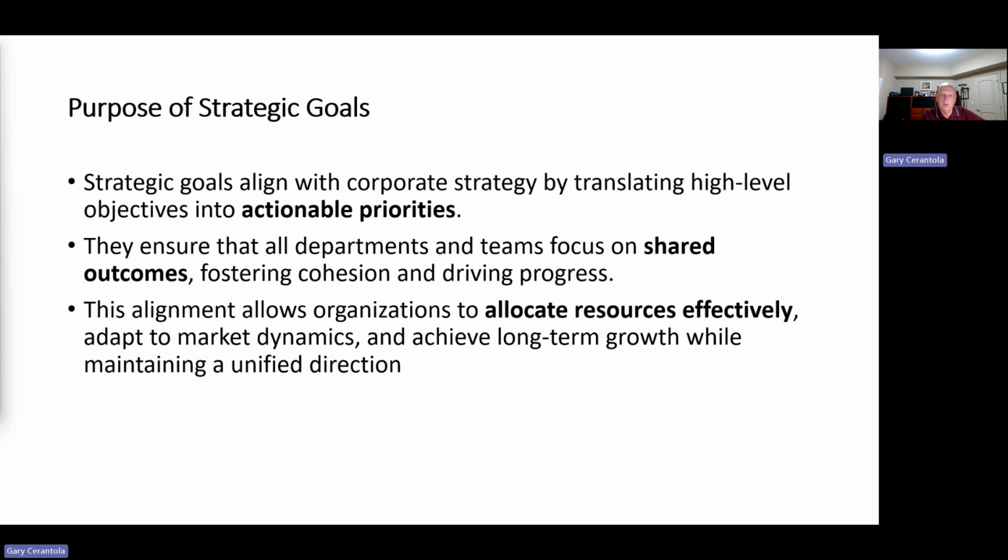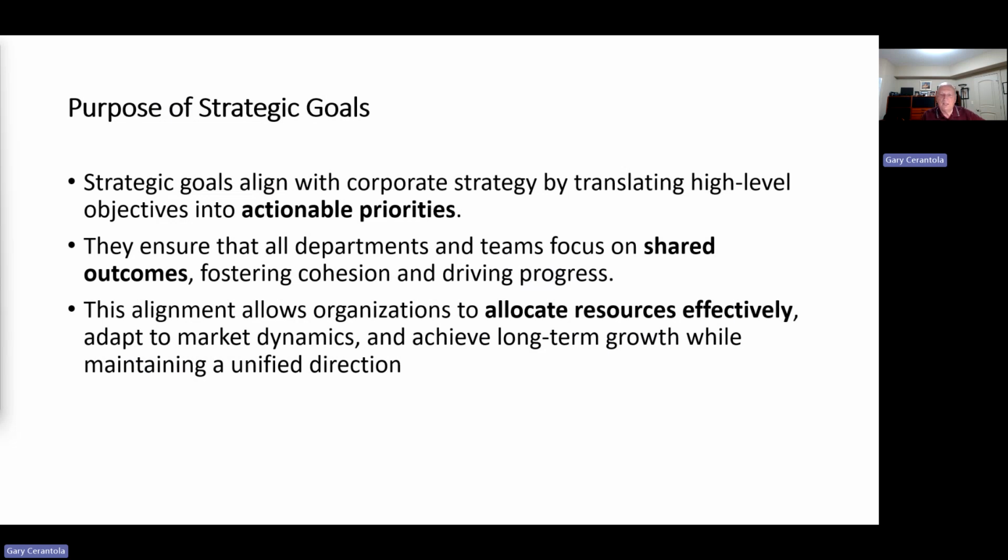So the choices that you make should be much better than the next best alternatives that you've gone through to create those goals with. And again, all departments and teams focus on shared outcomes. I've been in organizations where there have been conflicting goals across different departments.